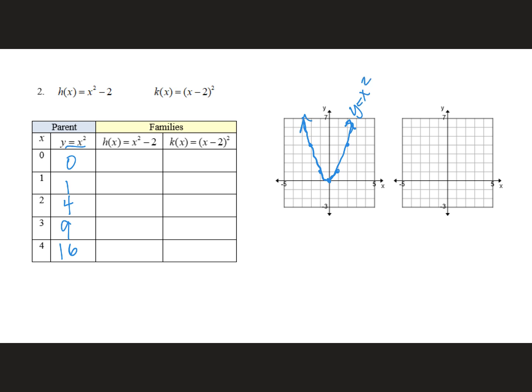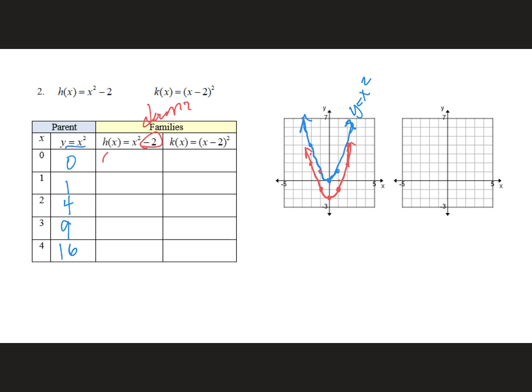So what happens when we have x squared minus 2? Well, minus 2 moves it down 2. That means each one of these points goes down 2. So it starts here, down 2. Starts here, down 2. Down 2. And so now I have this graph that's been moved down 2.